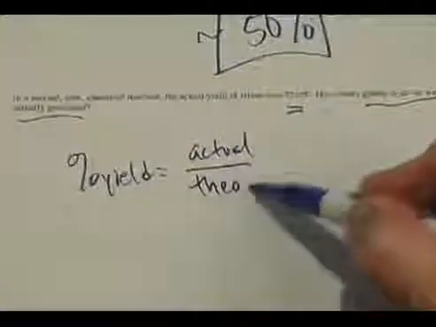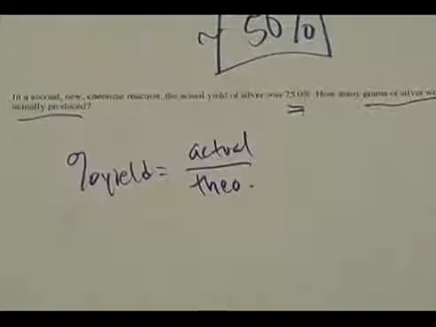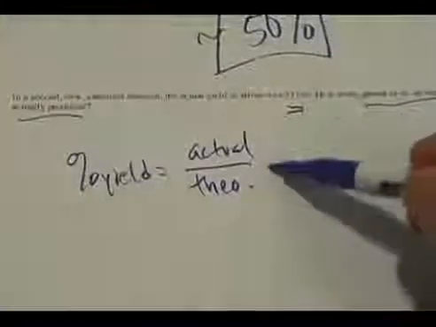In a second new chemical reaction, the percent yield of silver was 75%. Now, how many grams of silver were actually produced? Okay, so this is using the same equation where we say percent yield is equal to actual divided by theoretical, times 100%.